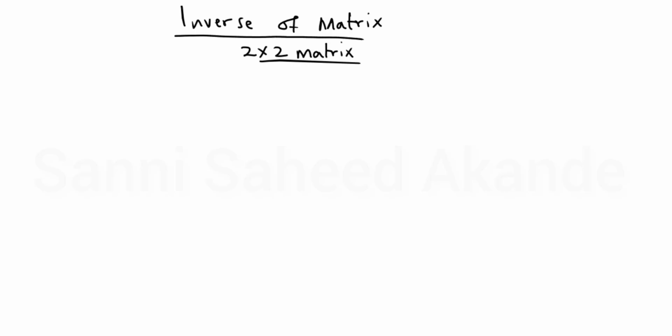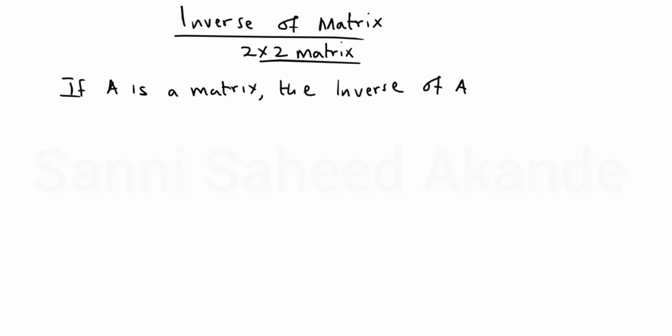Now if A is a matrix, then the inverse of A is denoted by A raised to power -1. Okay, so when you see something like this, that's what we call the inverse matrix, A raised to power -1.